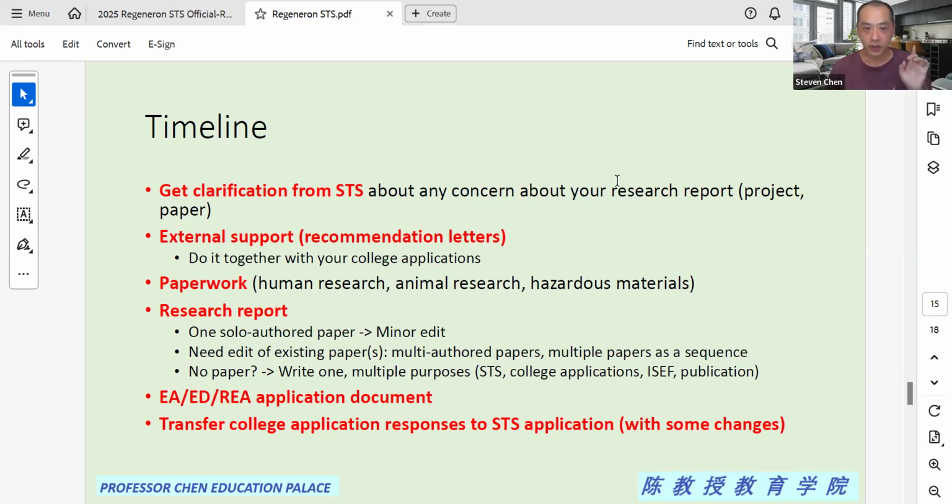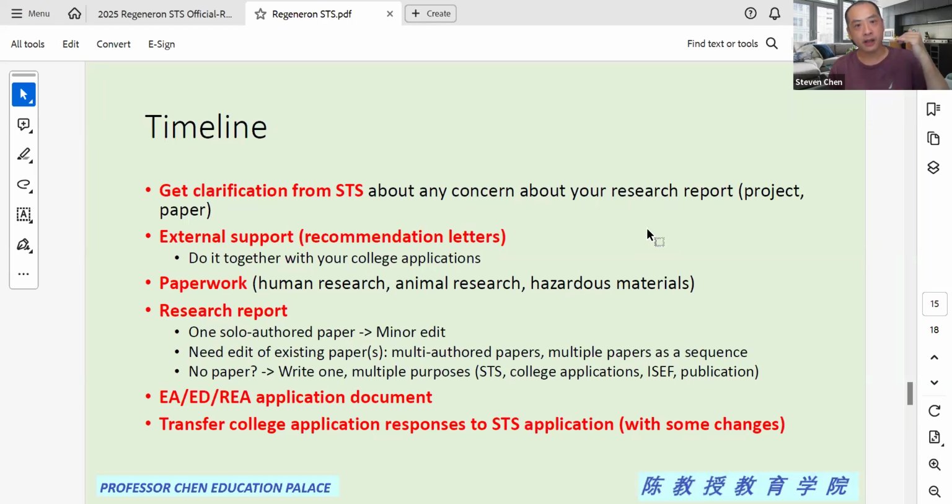Then the next thing is that there are some components that require you to get external support. Let me make it more clear. That is about recommendation letters. You need to get letters from quite a few people, maybe as many as 5 people. So you need to contact these 5 people as early as possible, because recall that their submission deadline will also be in early November, right?